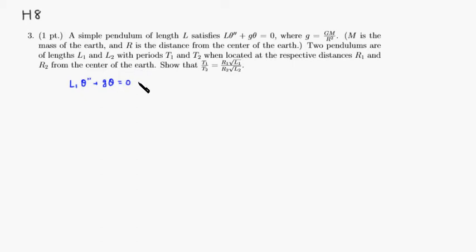We can just divide through by L1. So you have the equation theta double prime plus G over L1 theta equal to 0. Right?